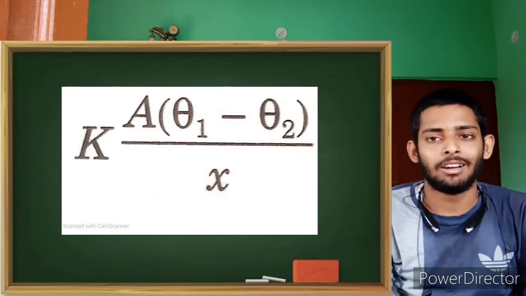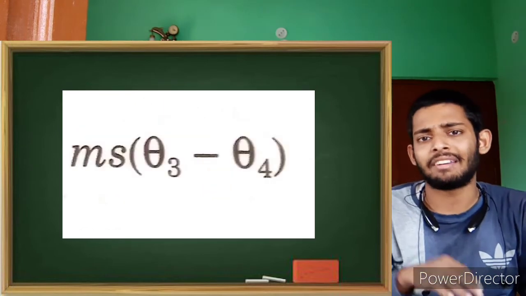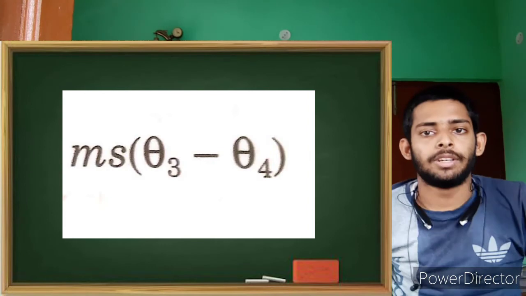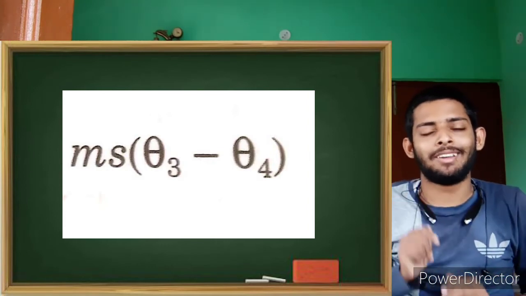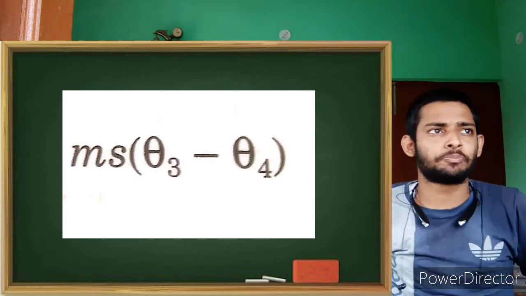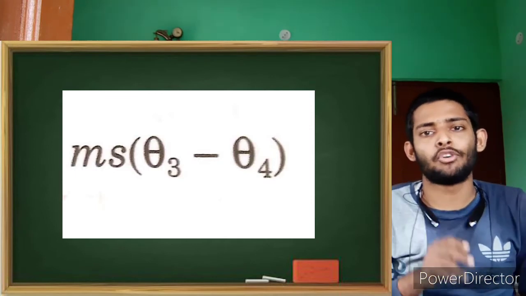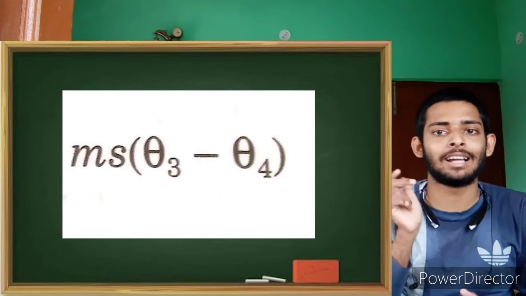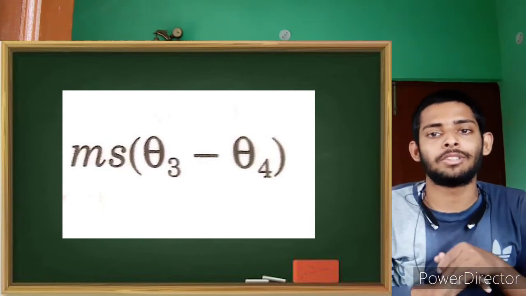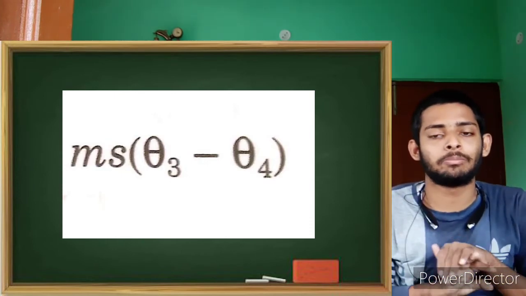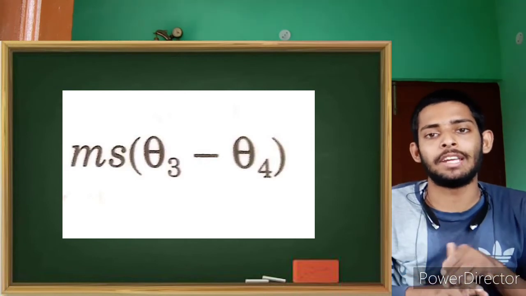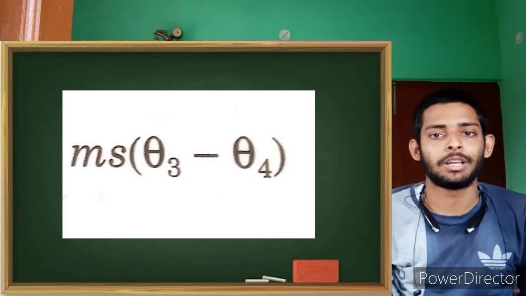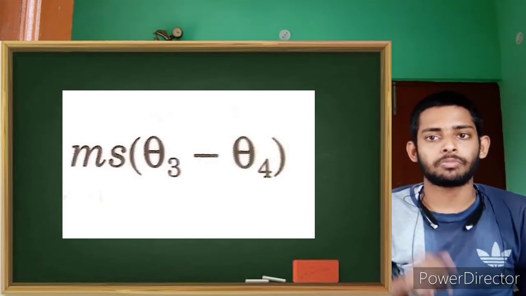That is the heat current. The other thing you need to understand is the principle of calorimetry, in which the basic formula is delta Q equals m s delta T, where m is the mass of the substance, s is the specific heat of that substance, and delta T is the difference in temperature.